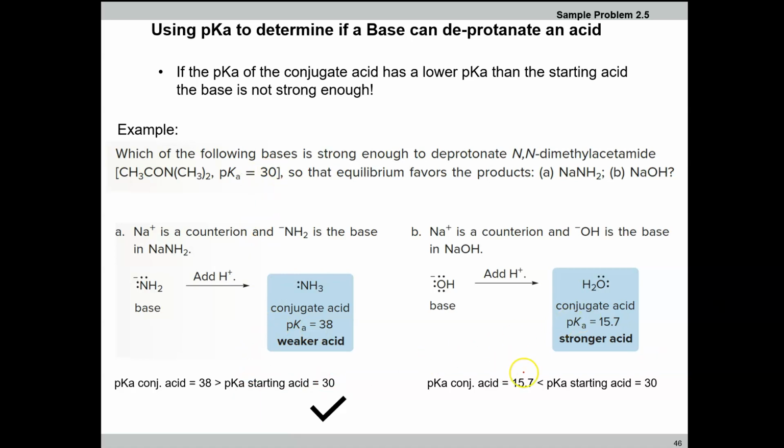However, for the second reaction, the conjugate acid is 15.7 and the starting acid is 30. This one's not going to move forward because the stronger acid is a product, which would fight its way back to making the reactant. So this one won't proceed.